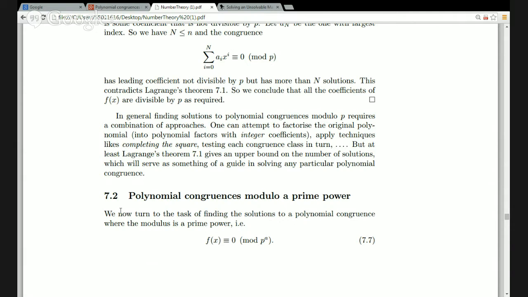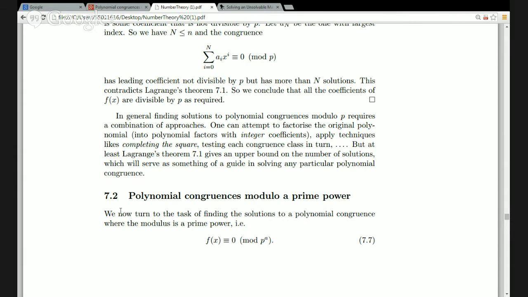We have a nice way of thinking about integers, which is their canonical form, their factorization into distinct prime powers. And that leads us to consider this set of congruences, modulo each of the prime powers.